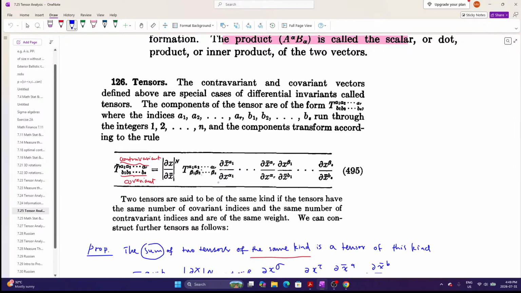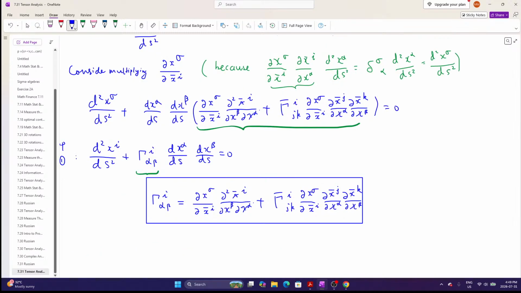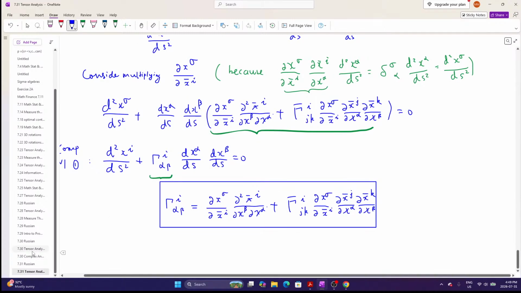Imagine t is 0 for every possible index; then it doesn't matter what your coordinate transformation is, the tensor is always 0. But with a Christoffel symbol that is identically 0 everywhere, you can get a non-zero Christoffel symbol, and that's exactly the case.